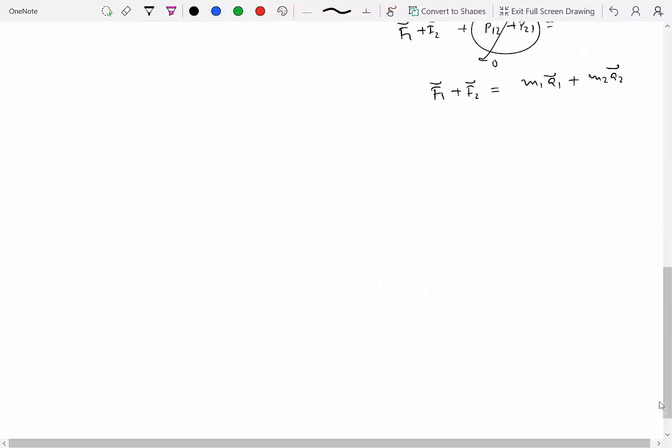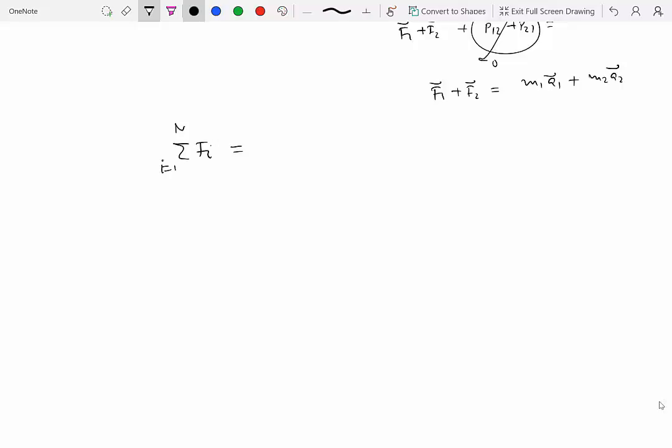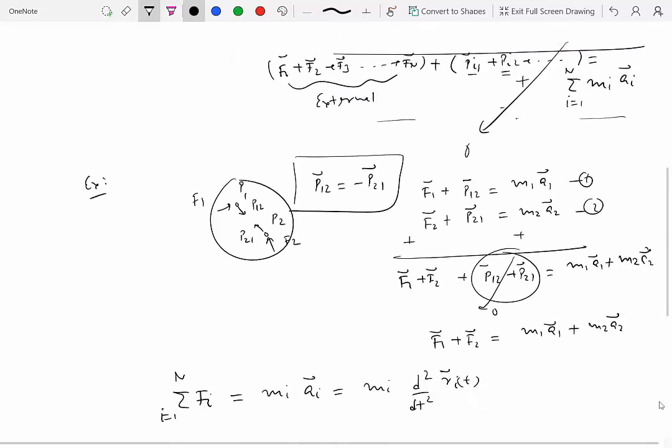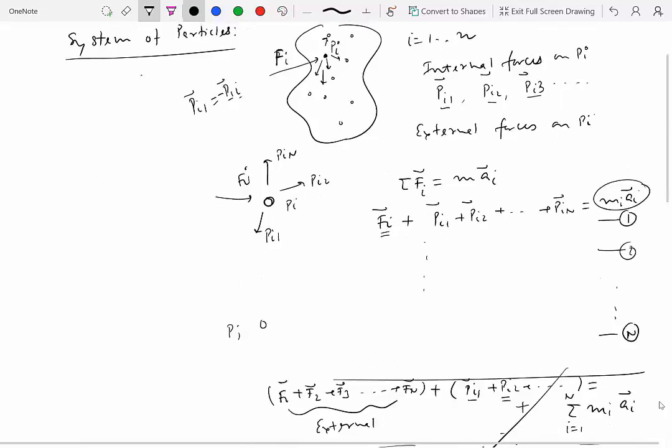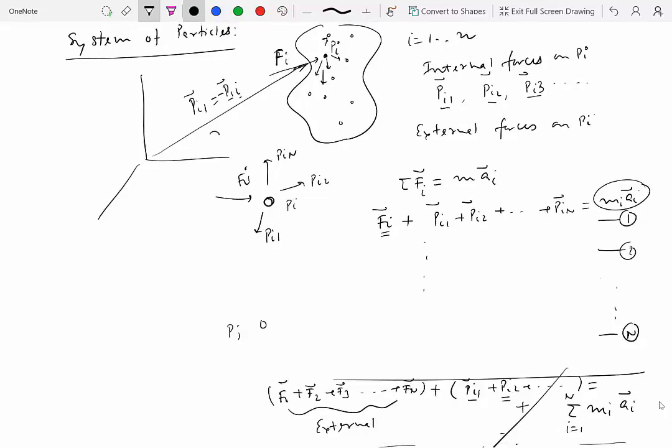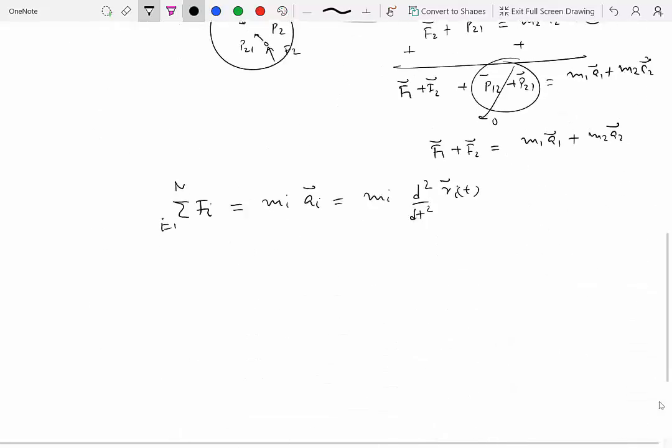So the general equation is sigma Fi, i changing from 1 to n, these are all external forces, equal to mi ai. But ai can also be written as d2 over dt2 of the position vector ri. For this, we need a coordinate system. So let's say this is my coordinate system, and that's the position of particle i.